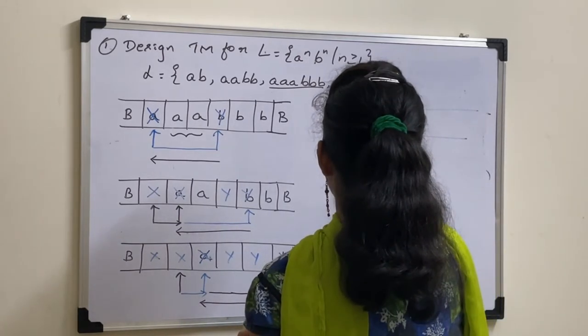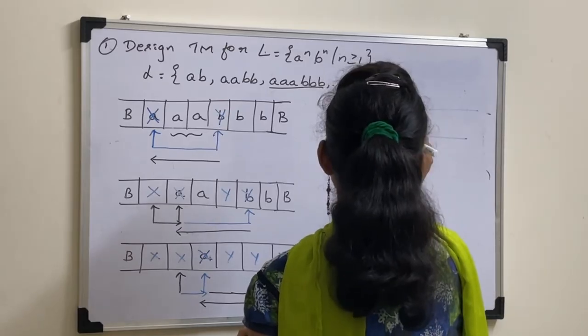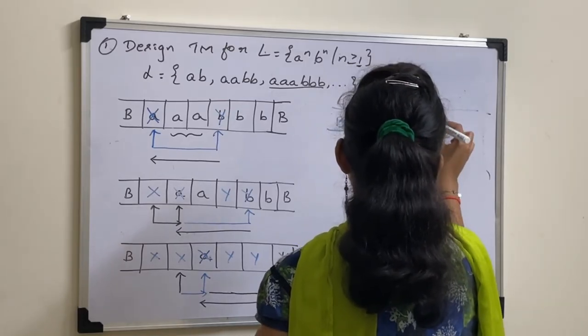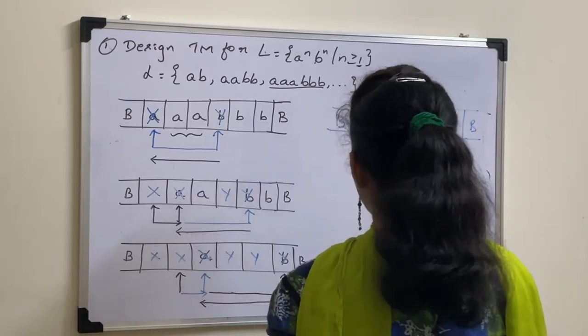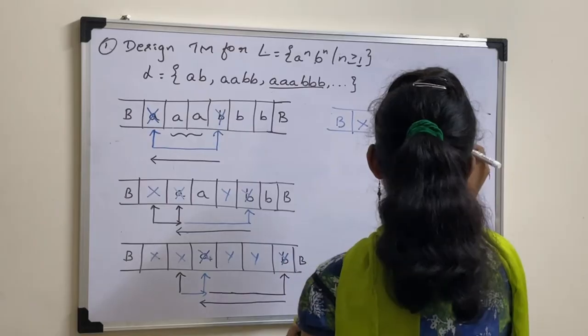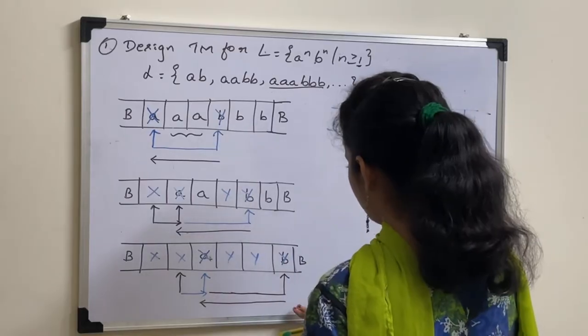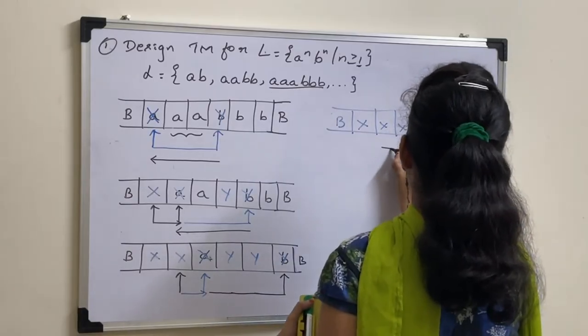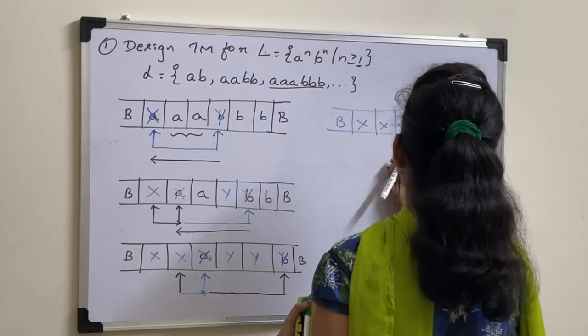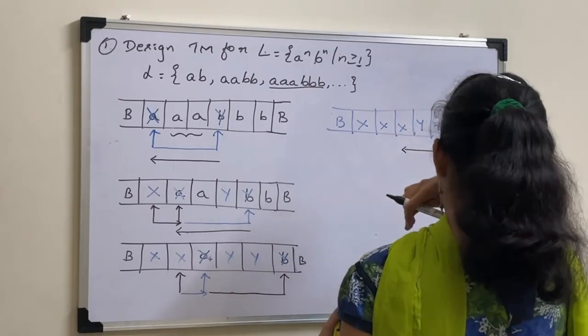The tape is already filled with X and Y, and the end of the tape contains blank symbols. Now we are at this position. From Y, you need to move back till this last X.